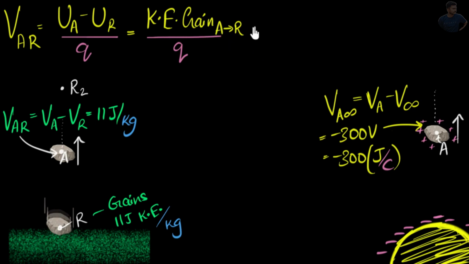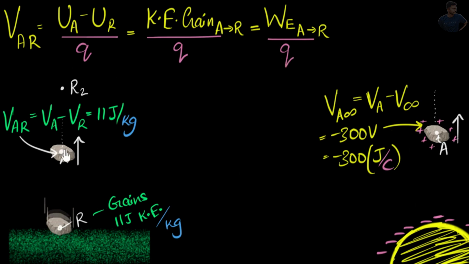So what I could write over here, the gain in the kinetic energy would be the same as the work done by which force? The force of gravity here, or the force of electricity. So I'll just write force of electricity. Work done by the electric force in moving it from point A to the reference point. And again, per charge.